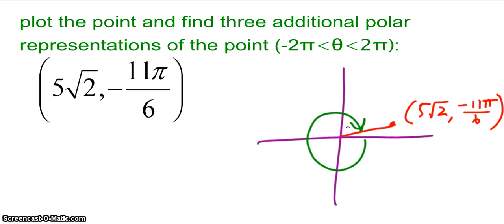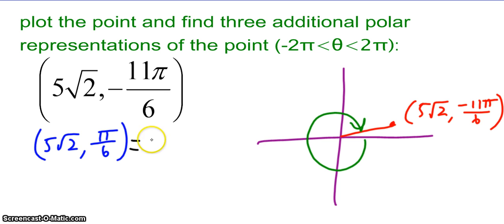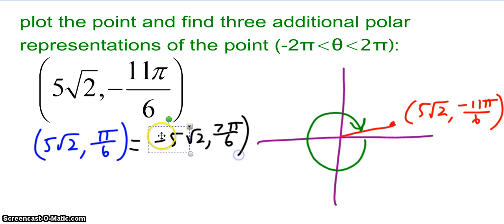So now what are some other representations of that? Well, I could do 5 root 2 comma pi sixth. What else can I do? Well, opposite pi sixth is 7 pi sixth, so I can do negative 5 root 2 comma 7 pi sixth.